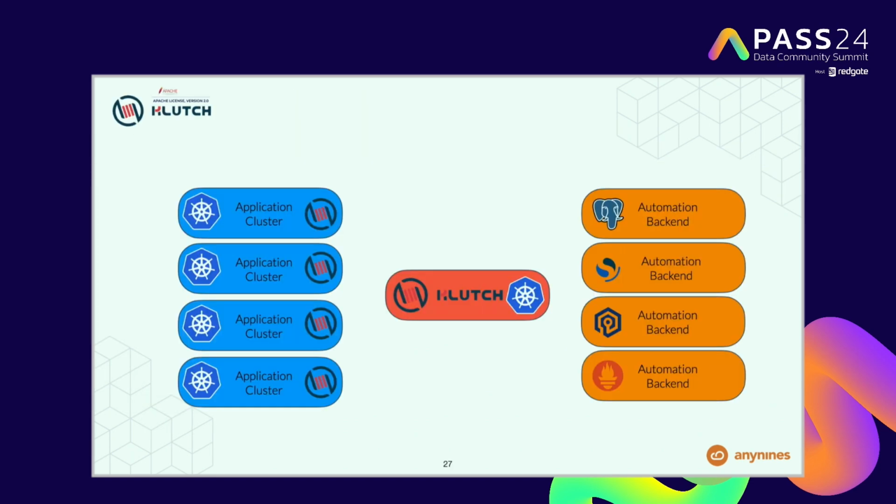So in a nutshell, and I have to rush through this a bit, what you do is you separate the automation backends from the application cluster where your applications are basically located, and you install a lightweight extension to those application clusters, the Klutch client. Whereas there's also a Klutch server where the integration with the actual automation backends takes place.